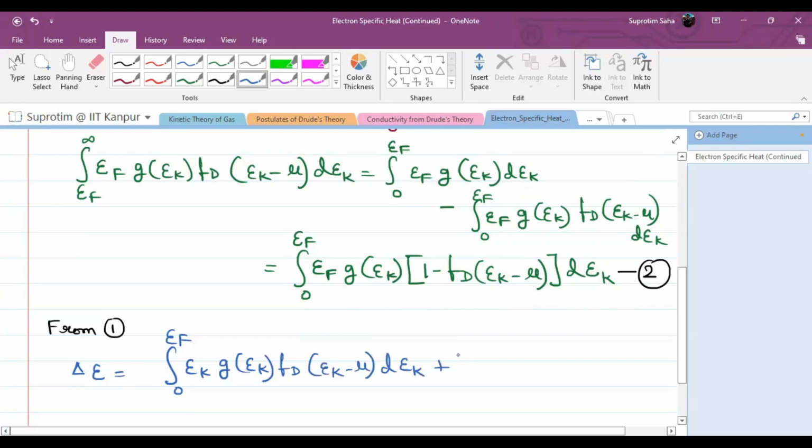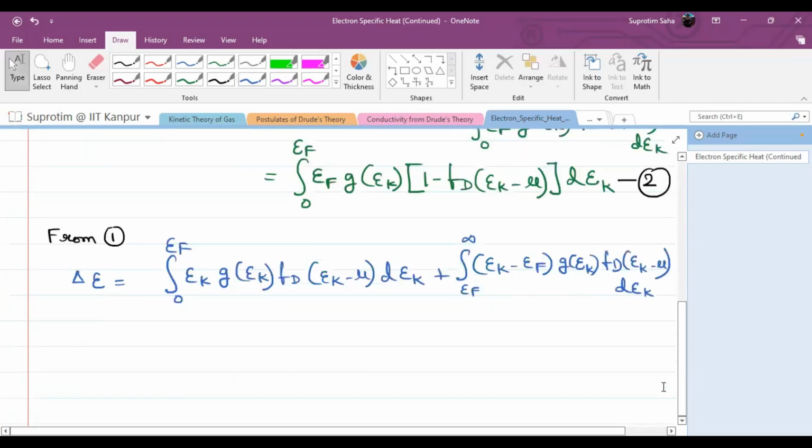Now, instead of writing EF to infinity EK, we write EK minus EF, G of EK Fermi Dirac EK minus mu D of EK.